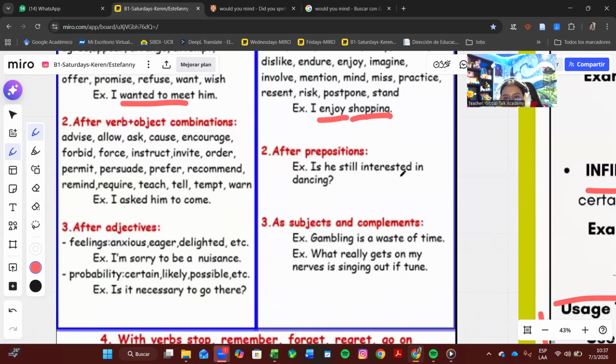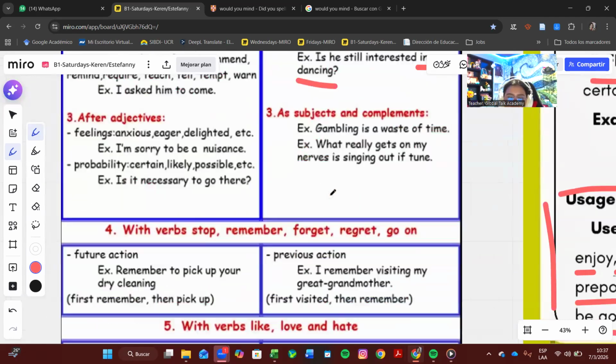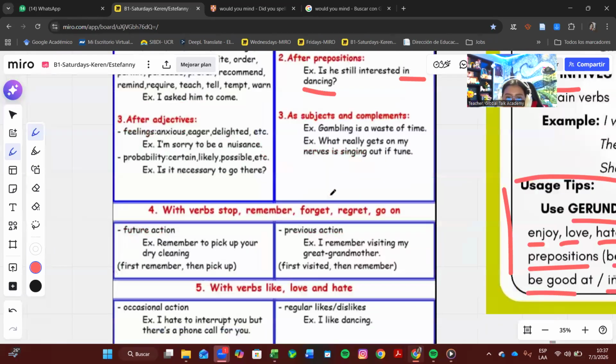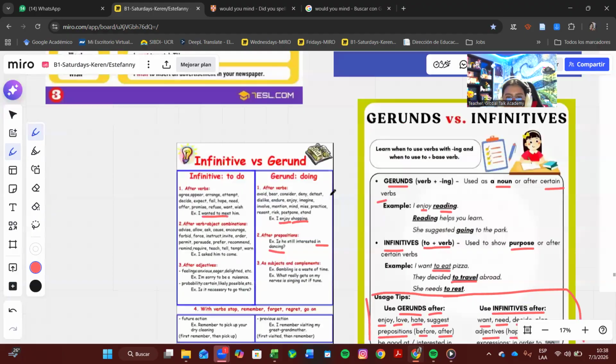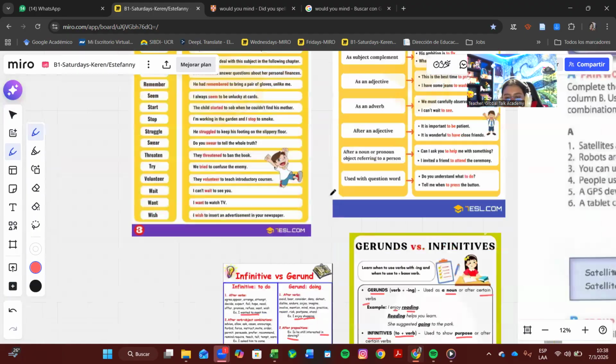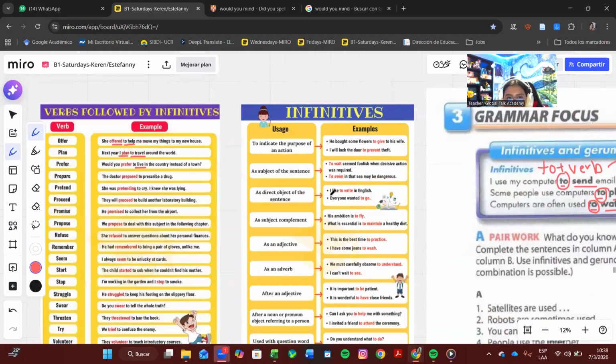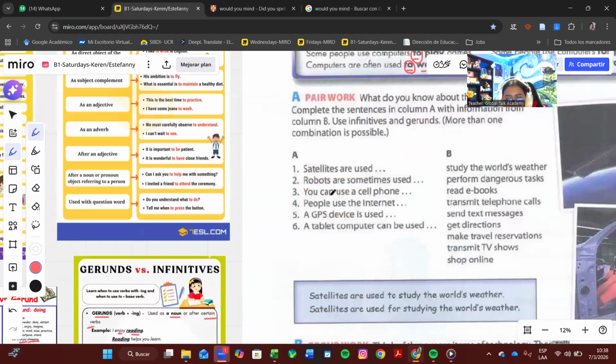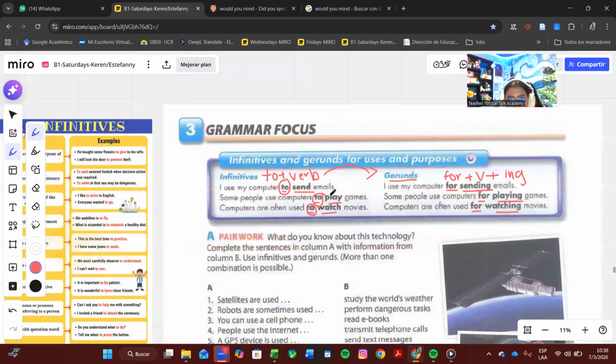Is he still interested in dancing? So here we have a preposition. Therefore, we have to put a gerund. And so on. But I'm going to have these in Google Classroom just for you to check and study them, because it's the only way, right?